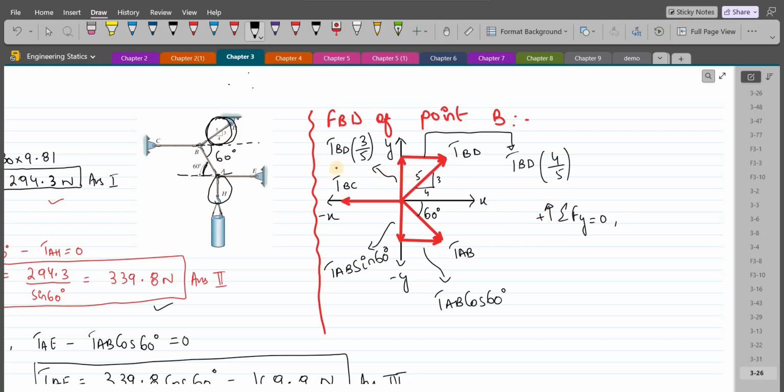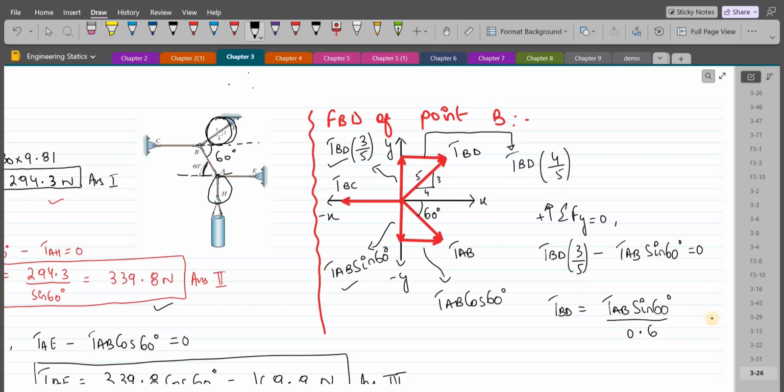So we have TBD into 3 upon 5 minus TAB into sin 60 equals to 0. So TBD is equal to TAB into sin 60 over 3 upon 5, which is 0.6.